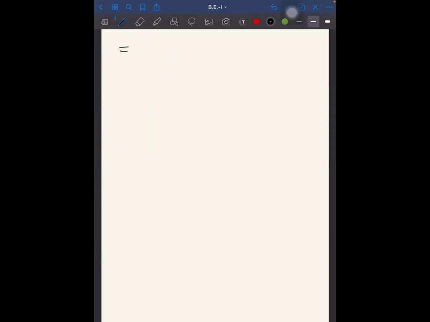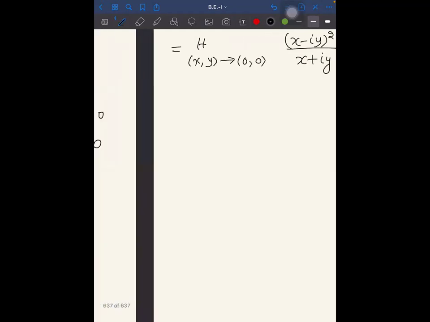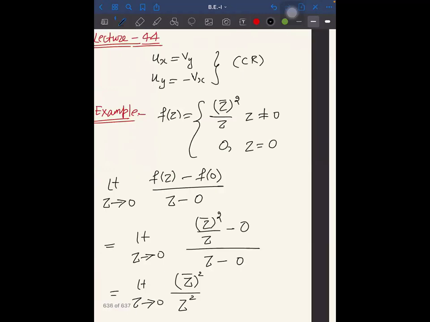So that becomes the limit as (x, y) goes to (0, 0) of (x minus iota y) whole square upon (x plus iota y) whole square. Now if we prove that this limit is path dependent, using the two-path test, we'll be able to conclude that this limit does not exist, and the function is not differentiable at z equal to 0.